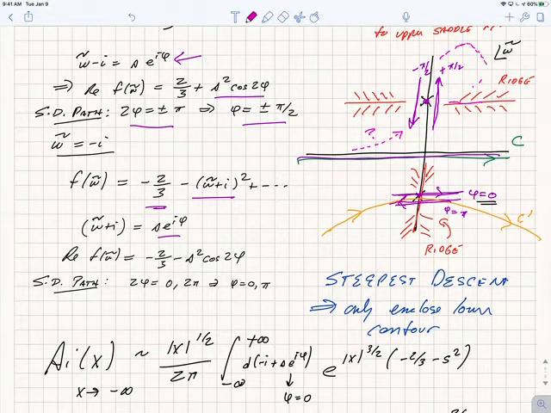And if I try to come back, I'd have to somehow figure out how to evaluate the integral over that ridge. But that's going to be at least as large as the critical point that I have here. So there's no way that I can evaluate that integral going over the critical point at plus i.